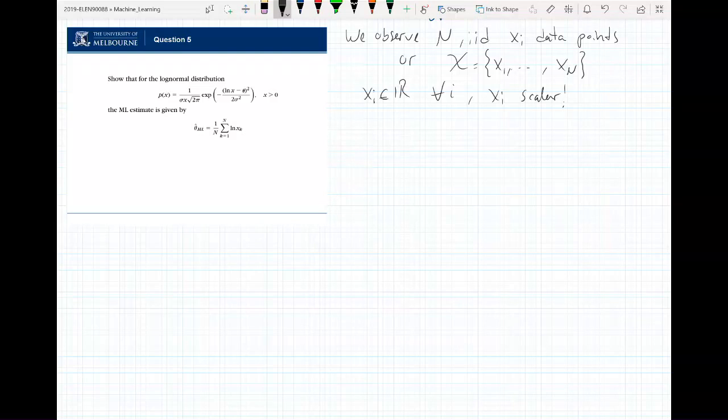So theta ML, just to write the formula, will be then argmax over theta, and theta is again the mean-like parameter. That would be then p(x1 to xn given theta), right? But because it's IID, it's actually the same as the product of p.